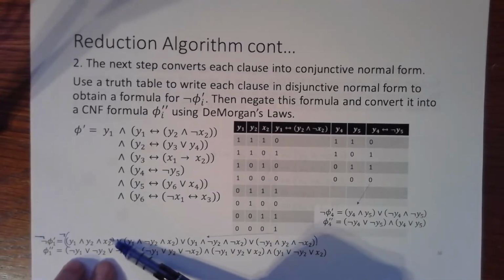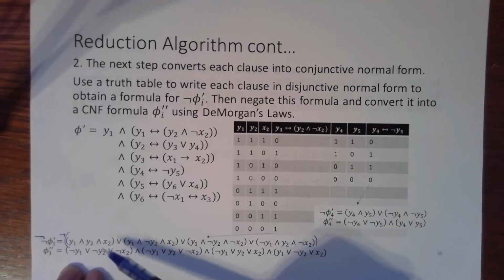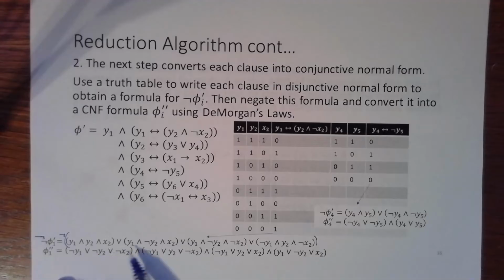So when I negate that, all of the ands turn into ors, so that and turns into an or, that and turns into an or, and I negate each individual literal in there as well. So y1 becomes not y1, y2 becomes not y2, x2 becomes not x2.